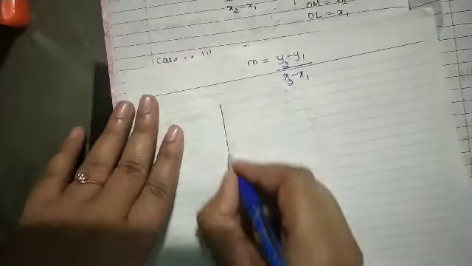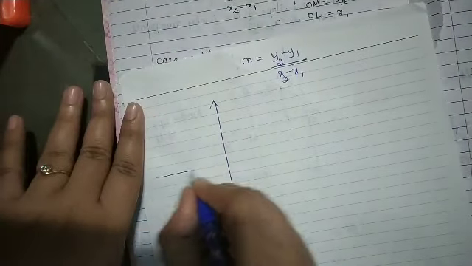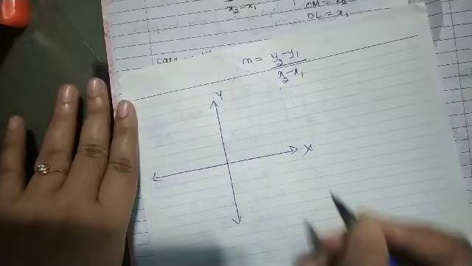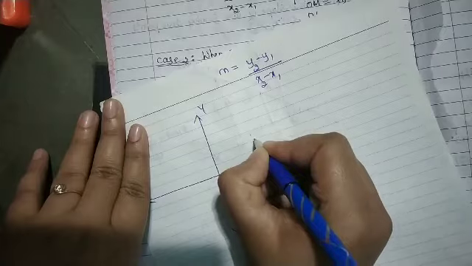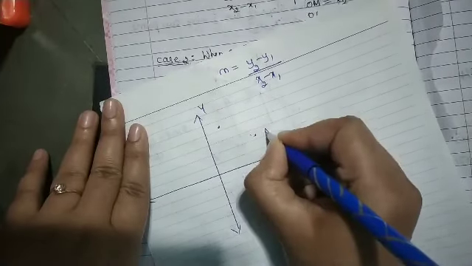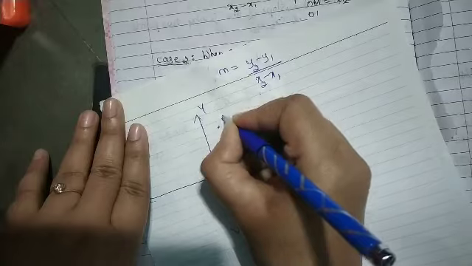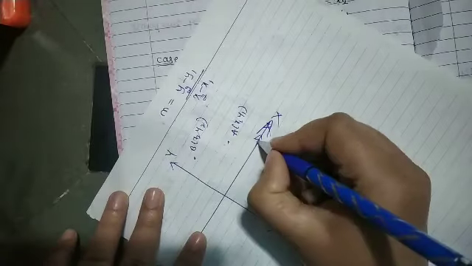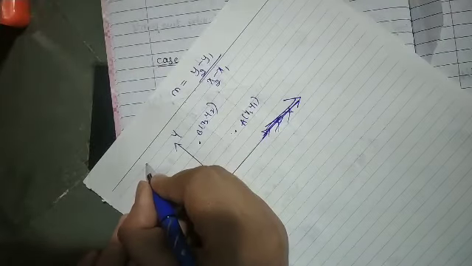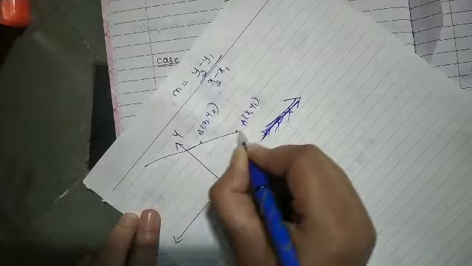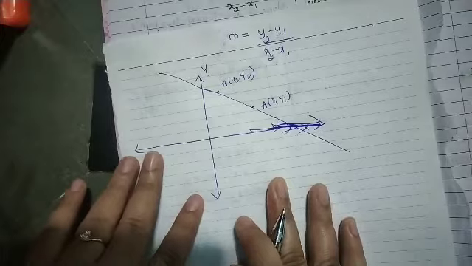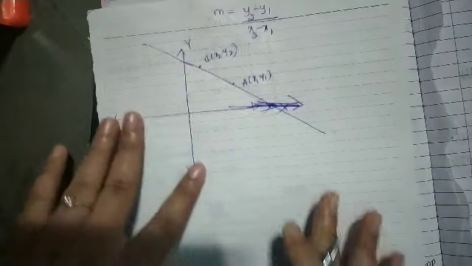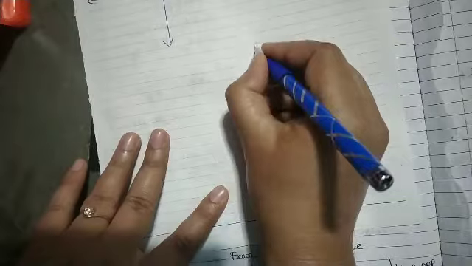So for the obtuse angle, consider the coordinate axes, x-axis and y-axis. Now consider two points. This is A and this is B. Point A is x1 y1, point B is x2 y2. Draw the line, taking the x-axis slightly to this side, right. So you join them, and here the angle theta is formed. I will draw another figure, sorry.